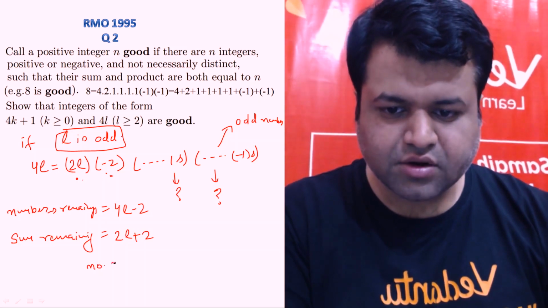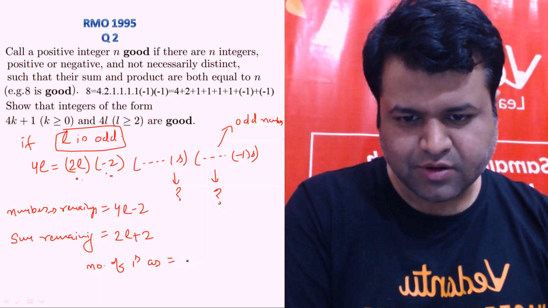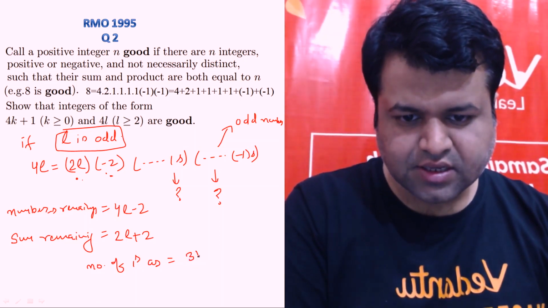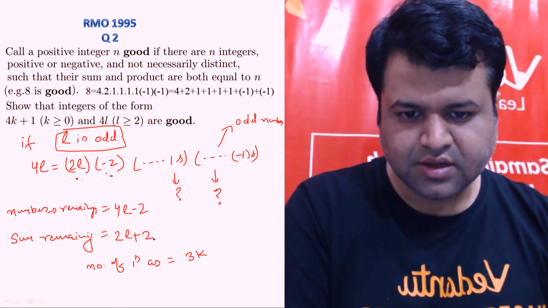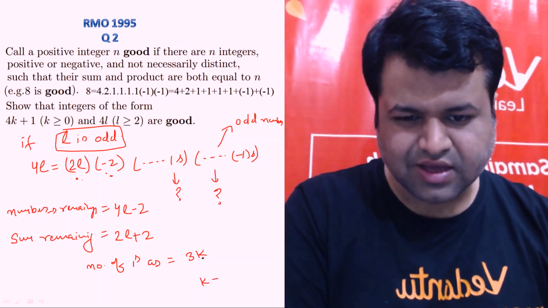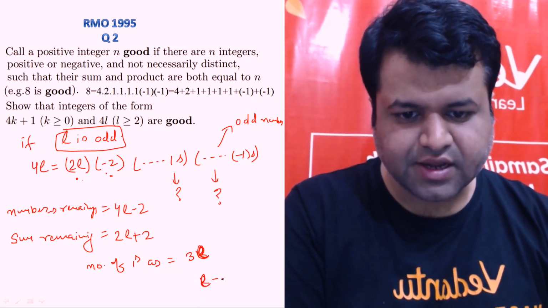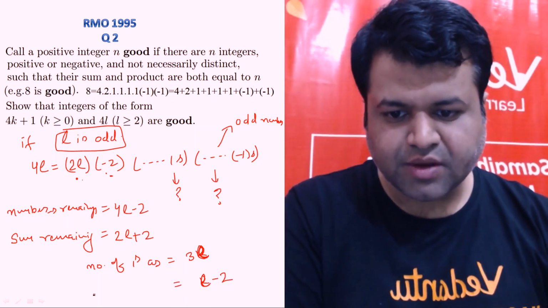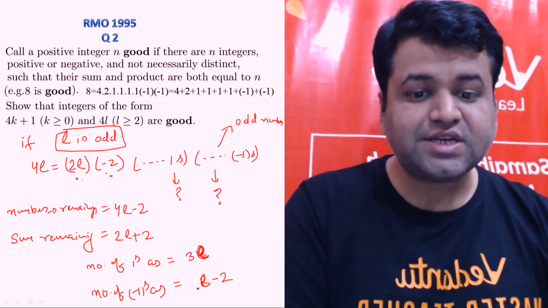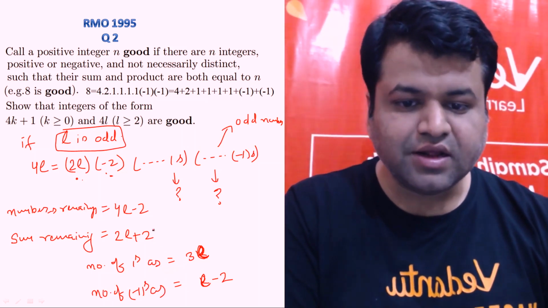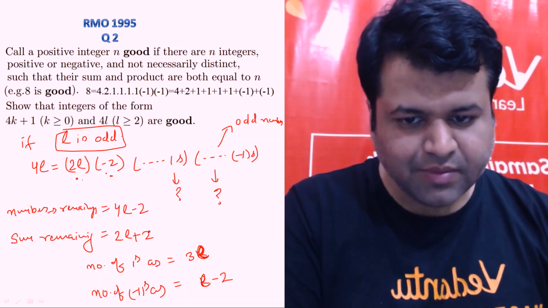If we take the number of minus ones as L minus 2 and the number of ones as 3L, then the total numbers are 4L minus 2, and the sum will be 2L plus 2.